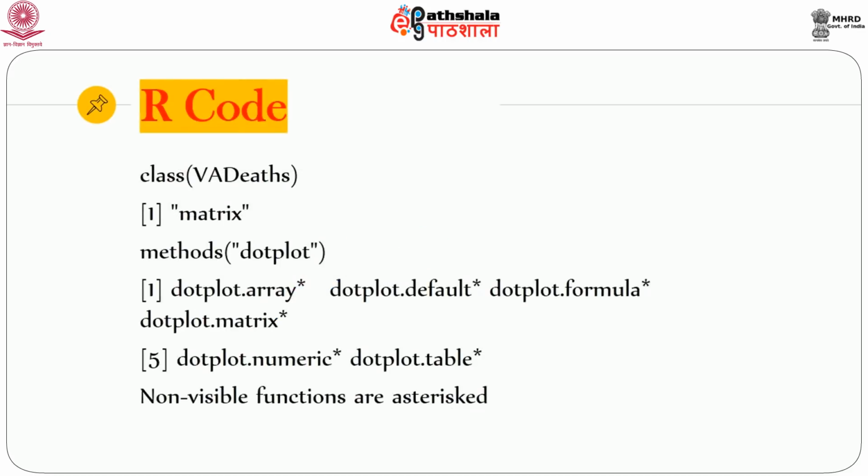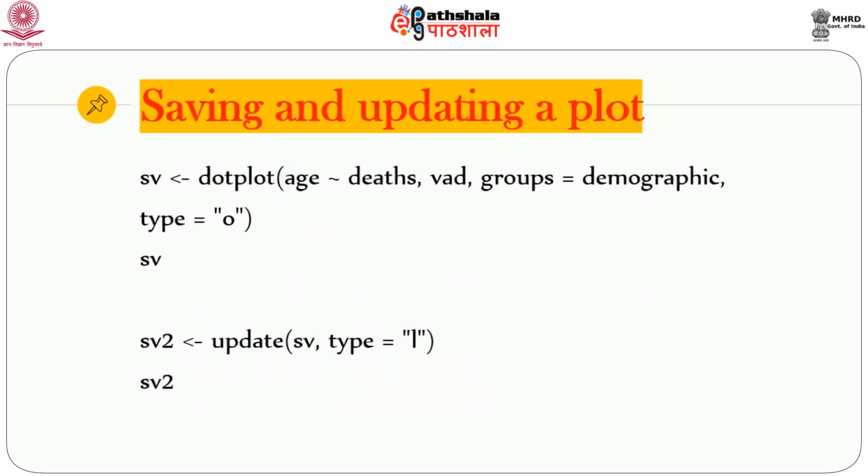Here comes the idea of saving and updating an R plot. Here we have stored the plot within the R object SV, and we can always call the object by writing SV. Also we can change the details of the R object that we specified at the time of saving.